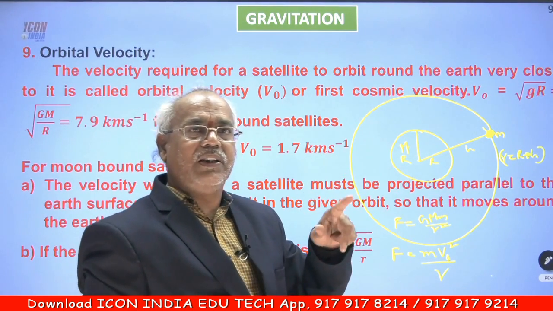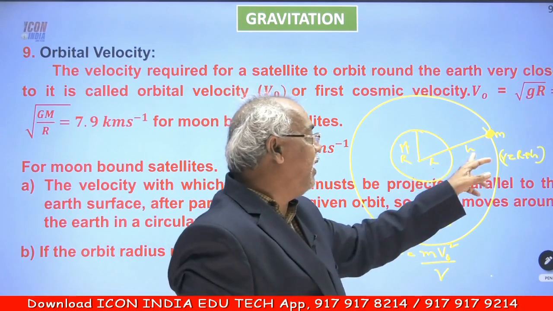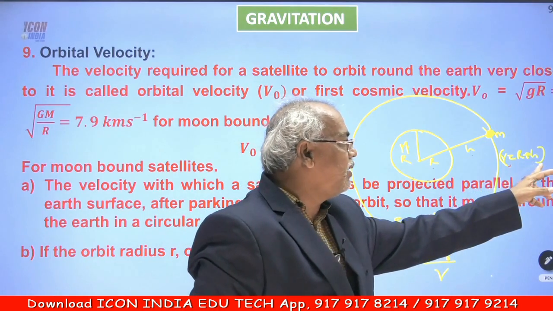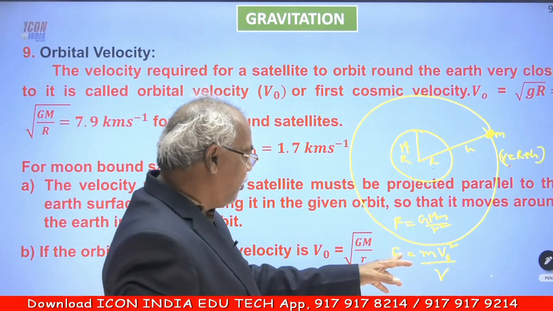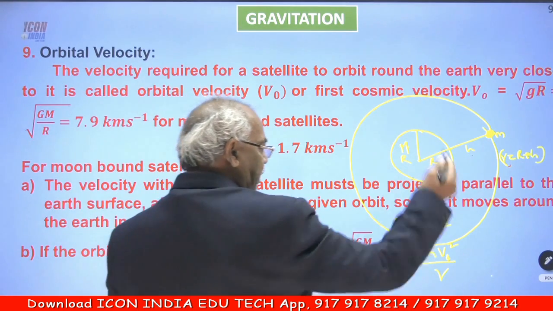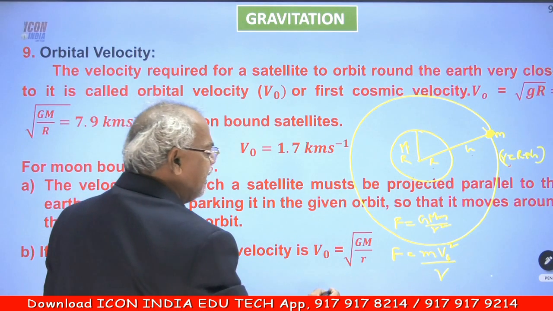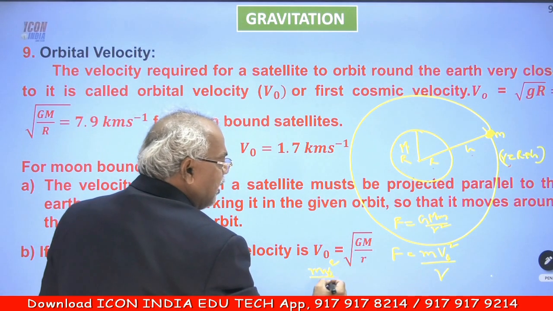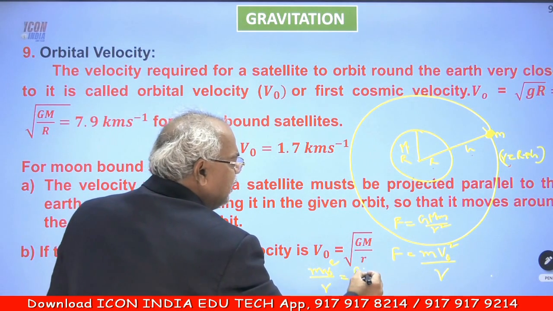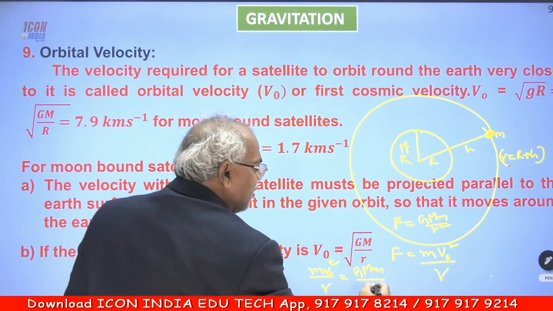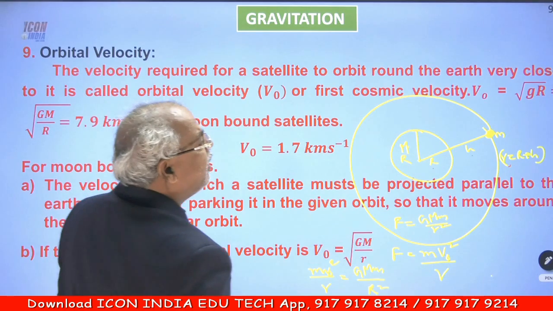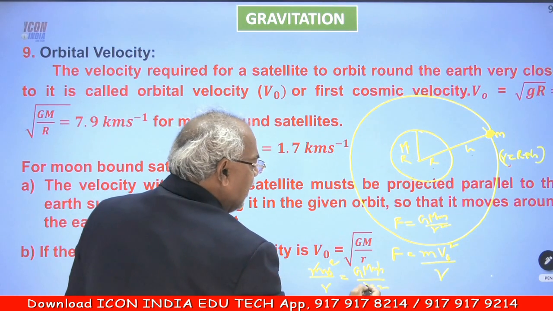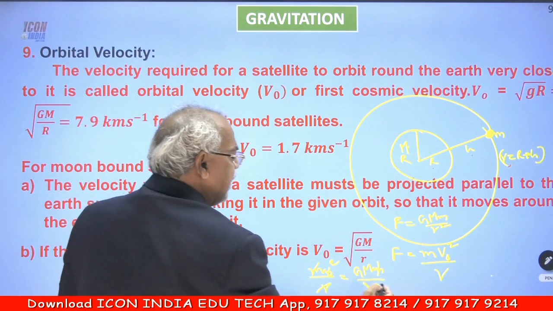The orbital radius is capital R plus h, or small r. Small r is equal to capital R plus h. So by this centripetal force, it revolves around the planet, that is m V naught square by r is equal to GMm by r square. Here m cancels, and r square and r, one r cancels.